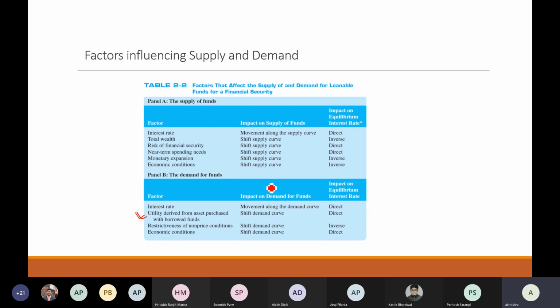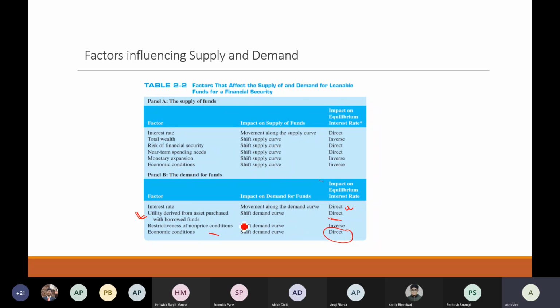Of course, there will be a direct relationship, like the way we have seen in this case. Of course, economic condition. If economic condition is good, companies or various individuals or institutions would prefer to go for more borrowing, so there will be a direct relationship.